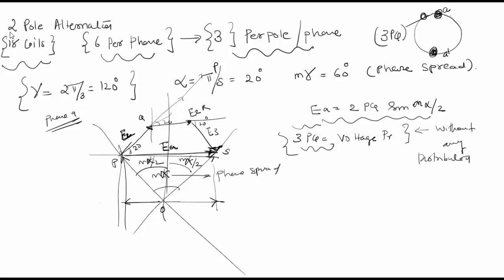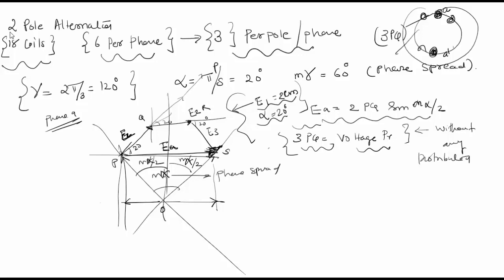But since you have a distributed winding, the voltage generated is not equal to 3 times PQ, and it's equal to what is given by this value. So it's mathematically possible to take a value of E1, suppose E1 is equal to 2 centimeter and your alpha is equal to 20 degrees, and draw this graph and validate whatever I am saying here, which I have already done for this case.